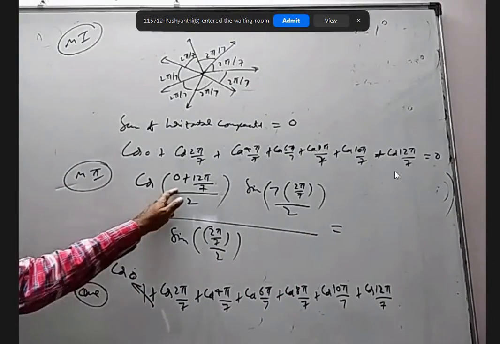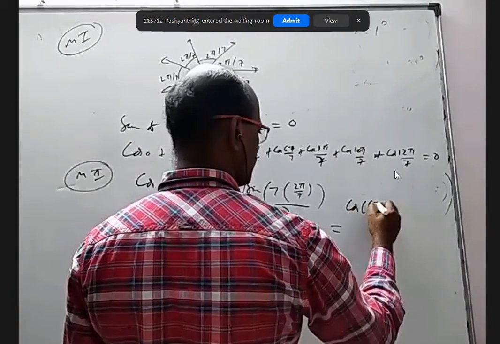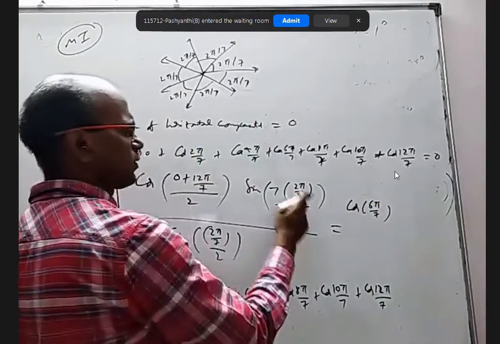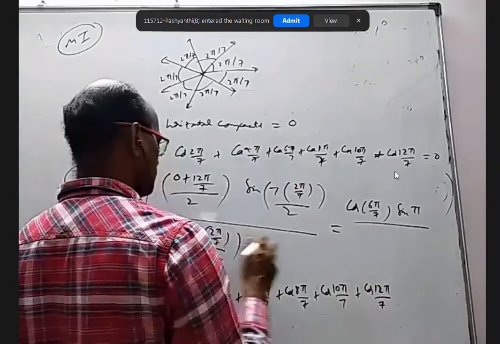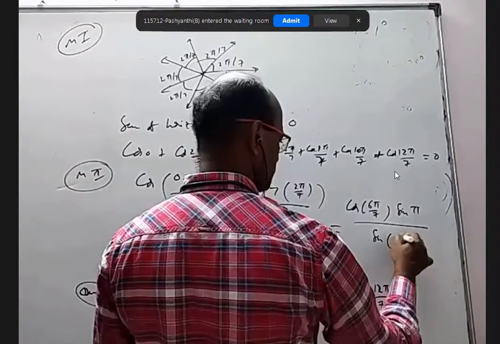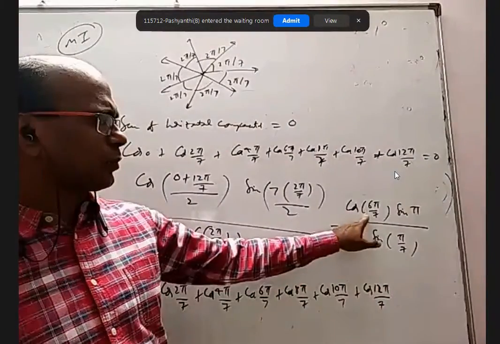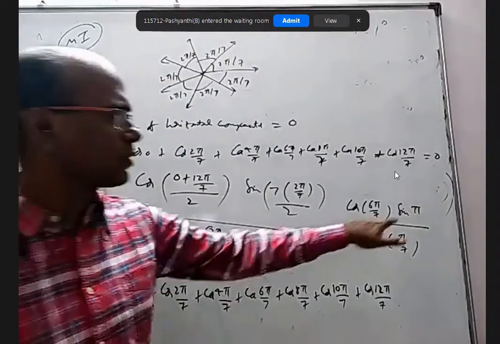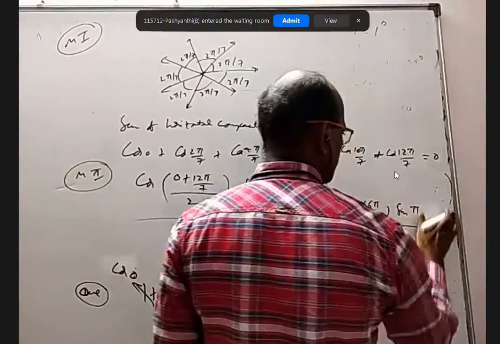So what happened here? This is cos 6 pi by 7. Here 7 cancels, 2 cancels. It is sin pi, and here it is sin pi by 7. Otherwise I would have written pi minus pi by 7 and got cot pi by 7, but sin pi is there. Is it 0? Yes, because that is 0.